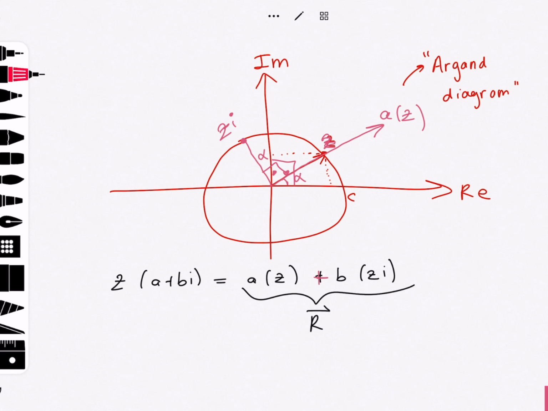Okay, so b is again a constant, and b times zi can be represented as a scaled version of the vector zi. So I will draw b times zi with a different color. This is b times zi.